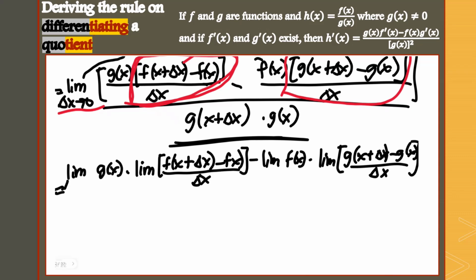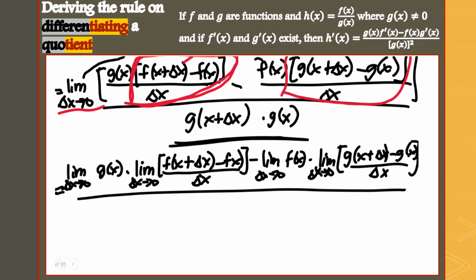Take note that the limit as delta x approaches 0 for all. I'm distributing that using limit theorems. All over, I'm also doing that on our denominator. Limit of g of x plus delta x times the limit of g of x.